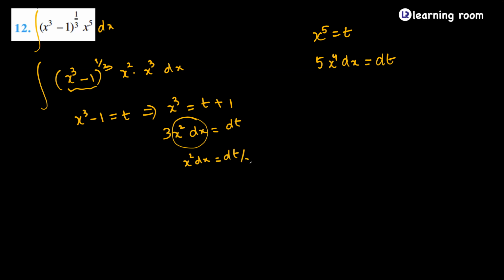Now see what I'm going to do to this expression: the integral of (x cube minus 1) the whole power 1 by 3, I'll write it as t power 1 by 3. x square into dx, I'll write it as dt by 3. Only x cube, I will write it as t plus 1, so that everything got converted in terms of t.